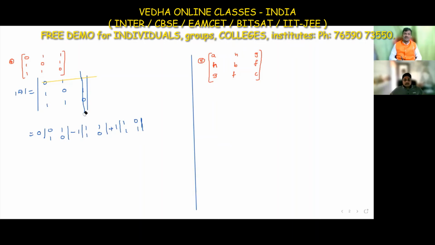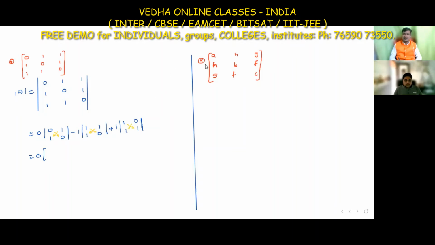Now use the same method that we applied for the 2 by 2 matrix. So now this is equal to 0 into 0 into 0. We are going to multiply: the product of these two minus these two. Again here, the product of 1 into 0 minus 1 into 1, and 1 into 1 minus 0 into 1.